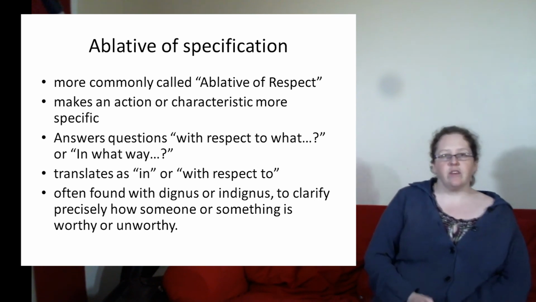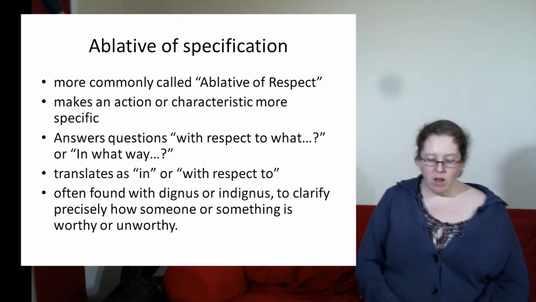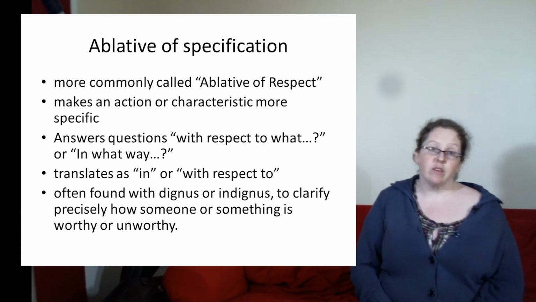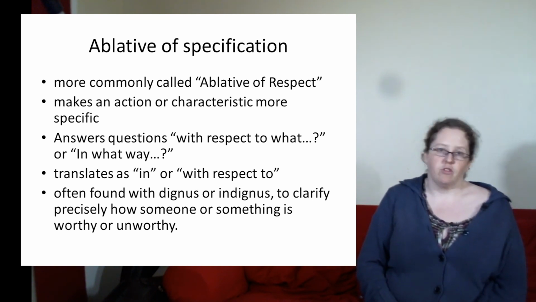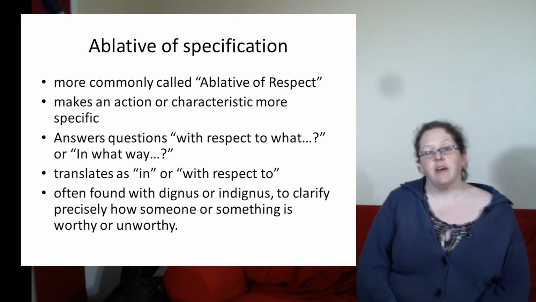It's often found with dignus or indignus to clarify precisely how somebody or something is worthy or unworthy. So for instance, vir est dignus honore. The man is worthy with respect to honor, or deserving with respect to honor. This is an ablative use with no preposition.